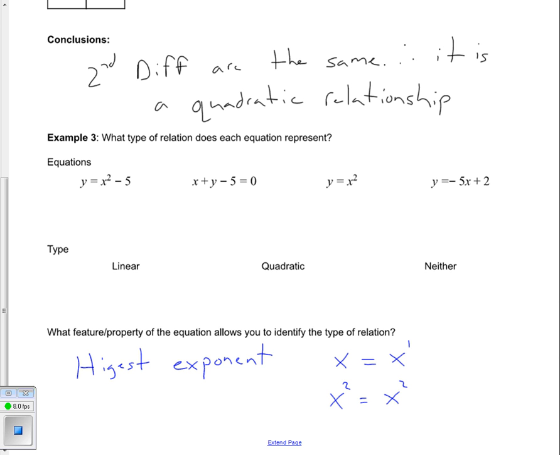So for example, when you have just an x value, it means x to the exponent 1. And because it's x to the exponent 1, that means that the first differences are the same. We know that when first differences are the same, it equals linear. Okay, it's a linear relationship.